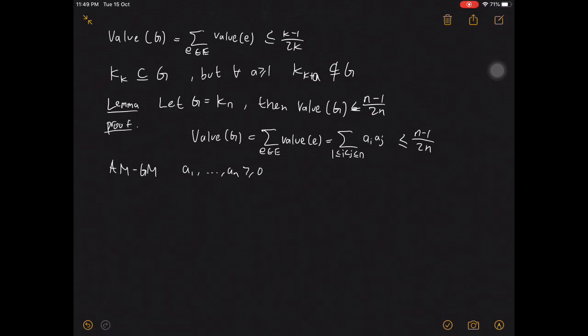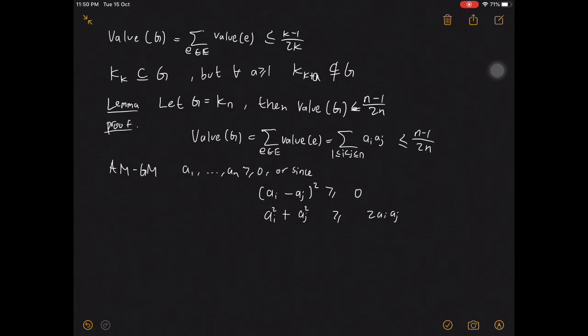Or just simply say that since (ai minus aj) squared is greater than or equal to 0, simplifying this we obtain ai squared plus aj squared greater than or equal to 2 ai aj.